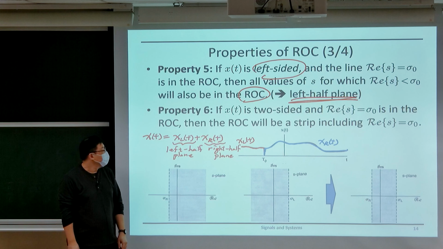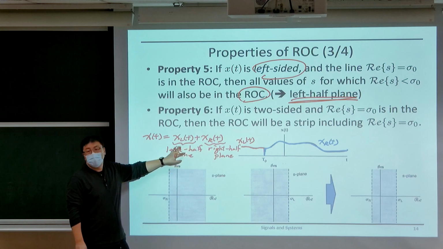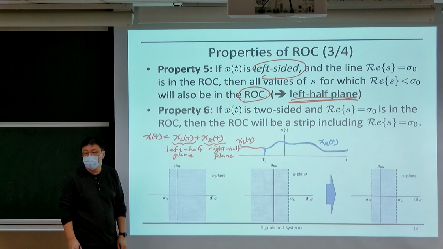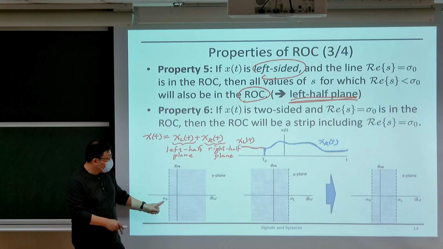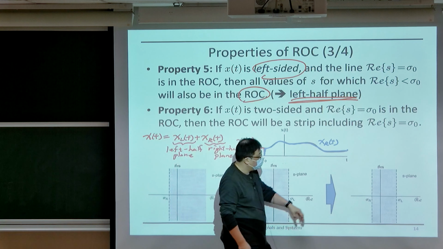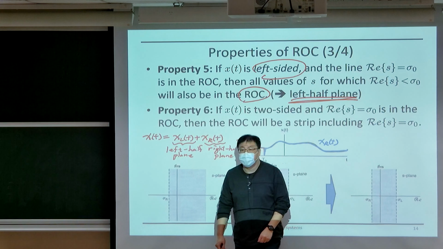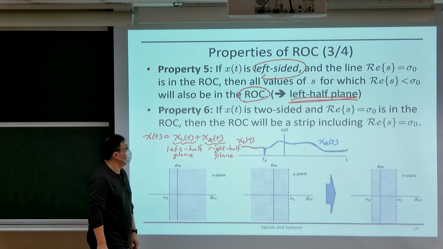Okay? Now, if you want both of these to hold, then the region of convergence should be the intersection of these two. So assuming that sigma L is greater than sigma R, then the intersection will give you this strip here. Okay? Right.